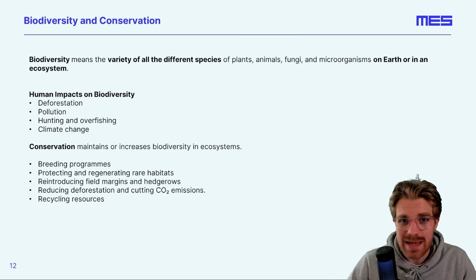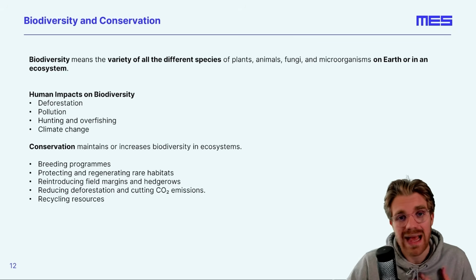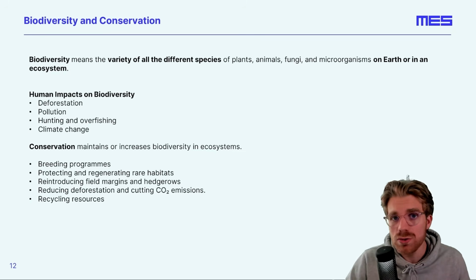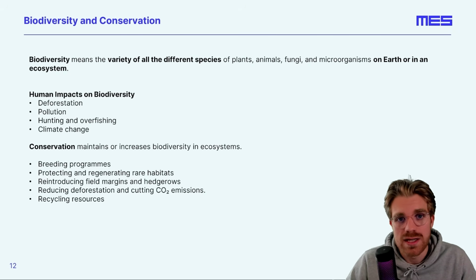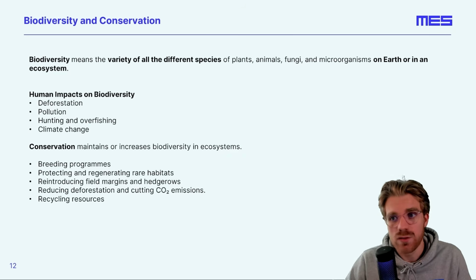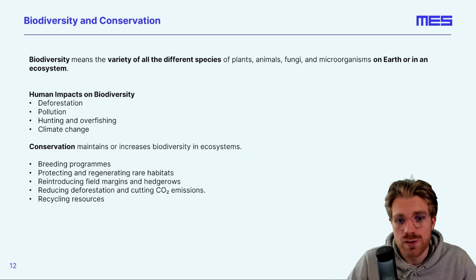If biodiversity is damaged, then the ecosystem can collapse, and this then reduces our access to vital resources. Remember, most sources of medicines come from the natural world in the first instance. And also, animals are needed for things like pollination to be able to produce lots of our food.